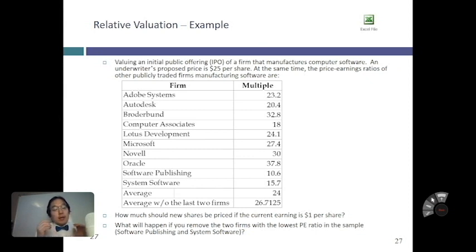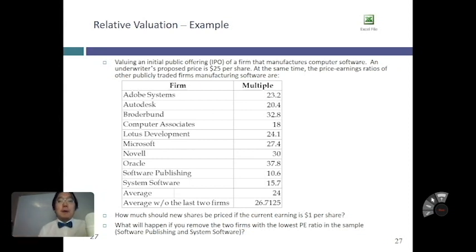Well, it's about the ratio, okay, for each dollar of some economic fundamental numbers. For example, net income, right? For each dollar of them, how much are the investors willing to pay in the stock market? Okay, so we come up with this kind of standardized measure of comparison.